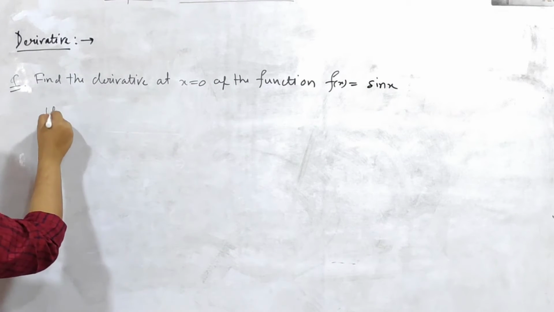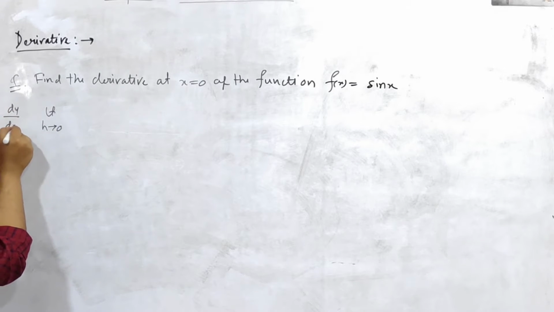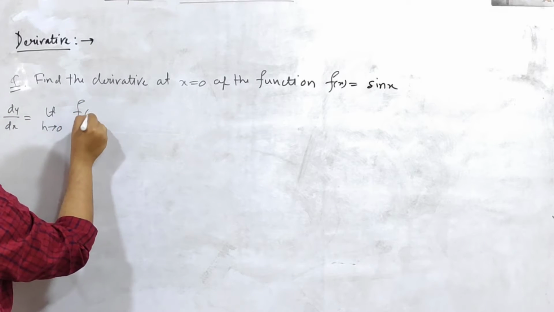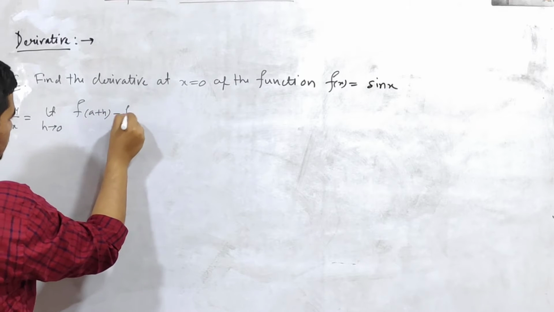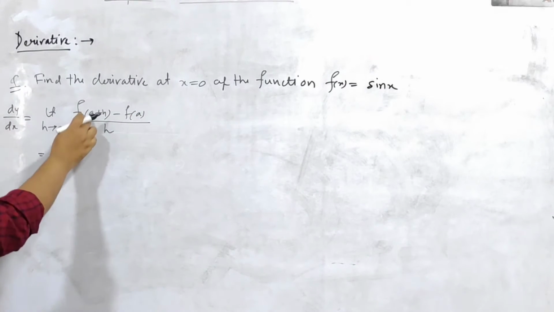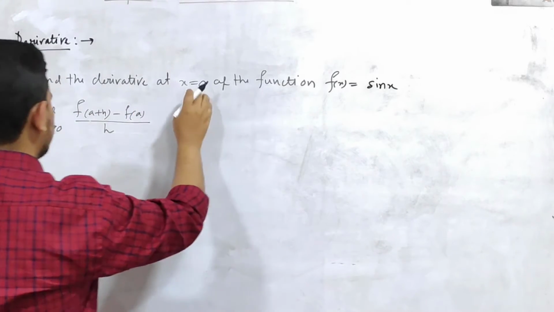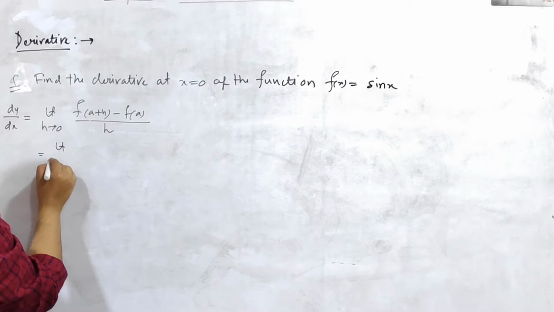So now similarly I can write dy by dx, limit h tends to 0. Here a is the point at which we are going to find the derivative, which is x equal to 0.